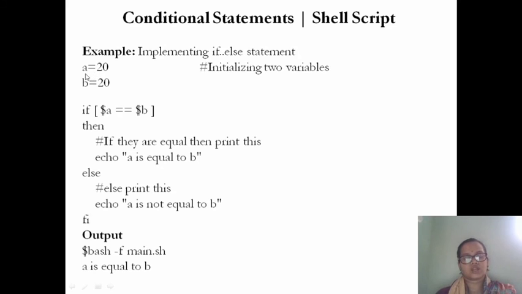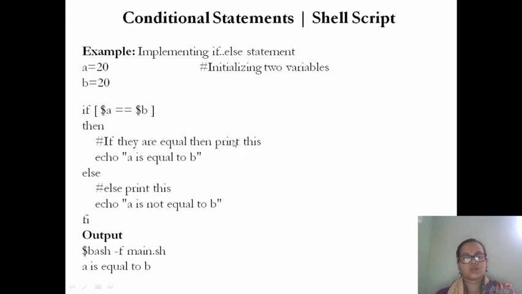Here we are initializing two variables, a is equal to 20 and b is equal to 20. We are checking by taking if and else conditions. If $a, why? Because whenever we want to access the value of a variable, we have to give the dollar symbol. So if $a is equal to $b, then echo "a is equal to b".